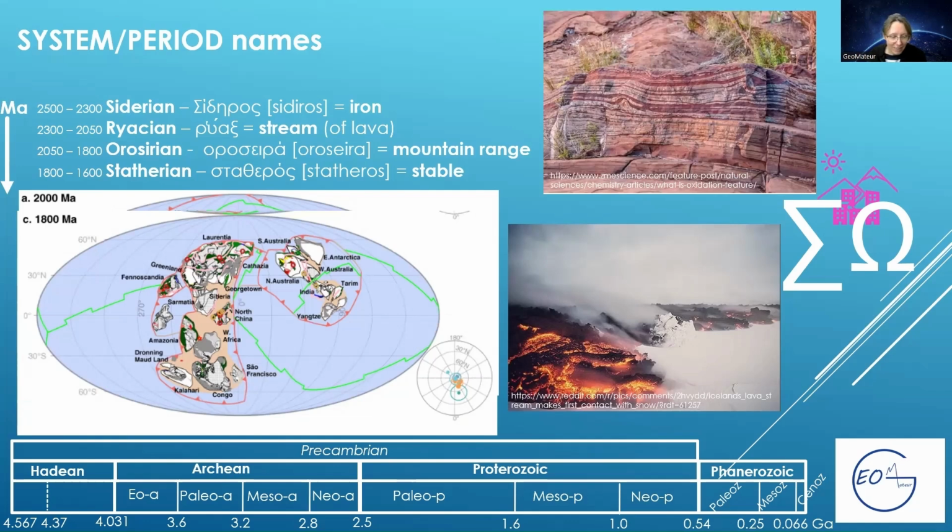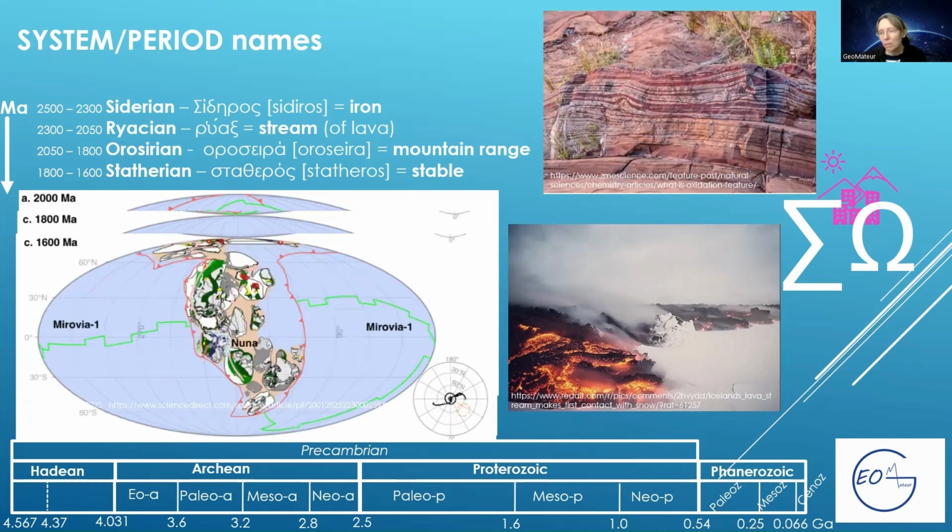The next unit, Statherian, means stable in Greek, and refers to the pretty stable conditions leading to the creation of the Nuna supercontinent, also known as the Columbia supercontinent.